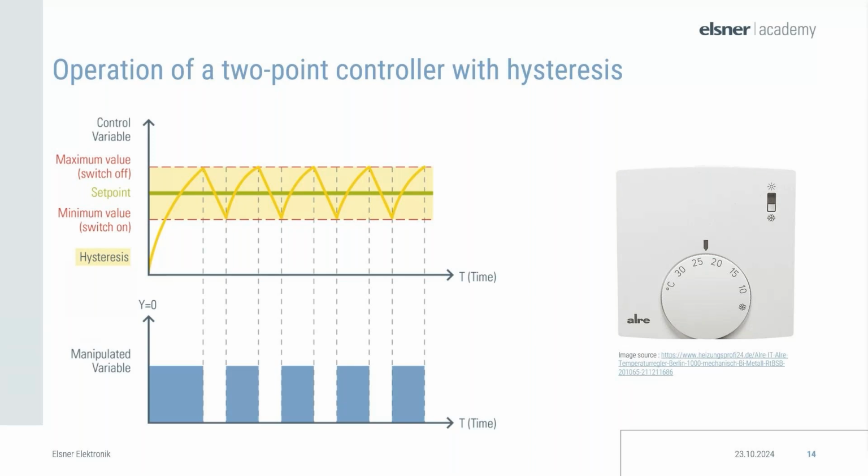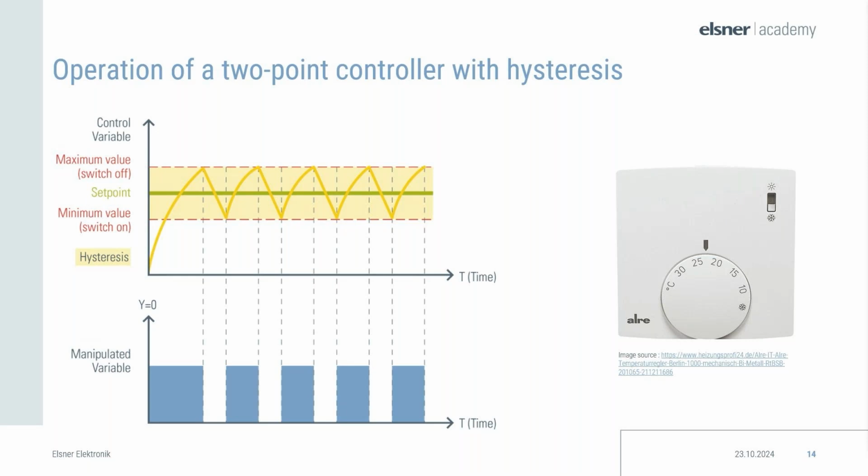In this range, at which the thermostat switches on or off, we assume a hysteresis of plus or minus 1 degree. So this means the controller switches the heating on when the temperature falls below 24 degrees and switches it off again if the temperature exceeds 26 degrees.